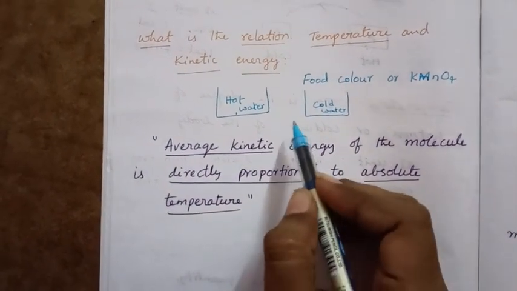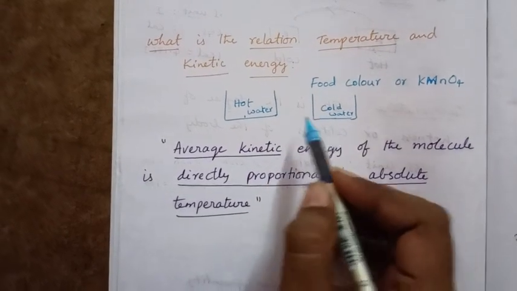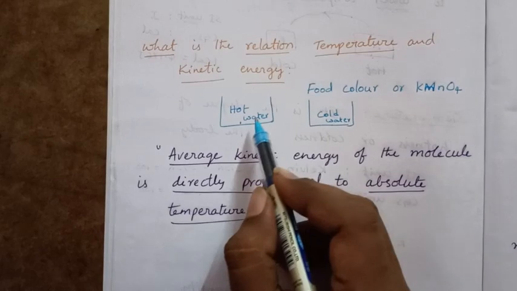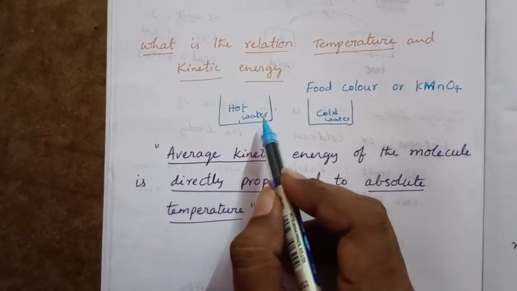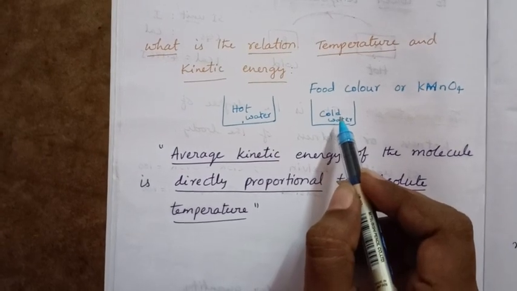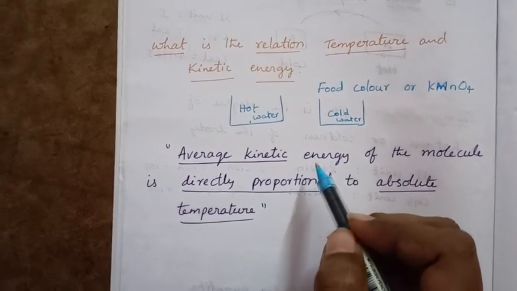After a few seconds, if you observe, the grains of the food color in hot water move randomly, and in cold water they move very slowly.